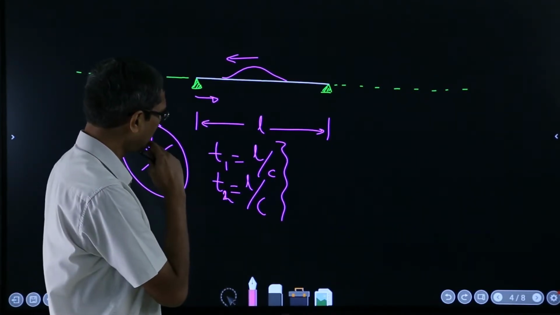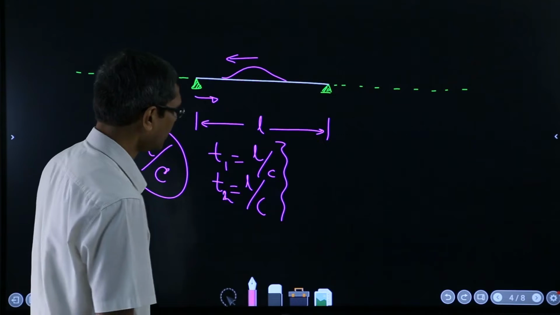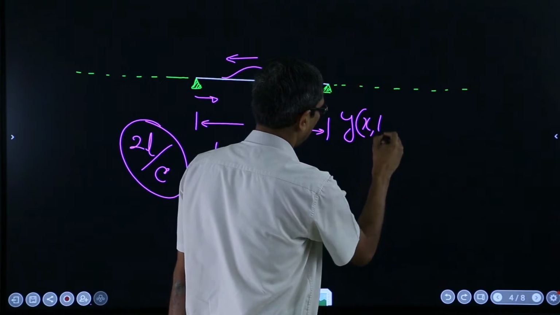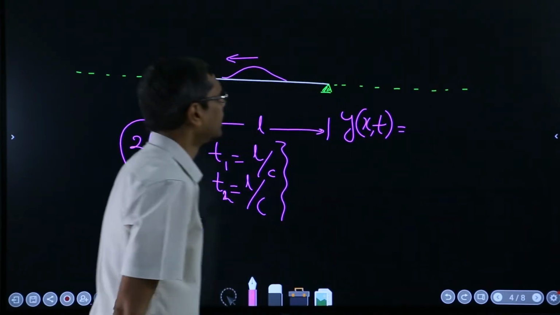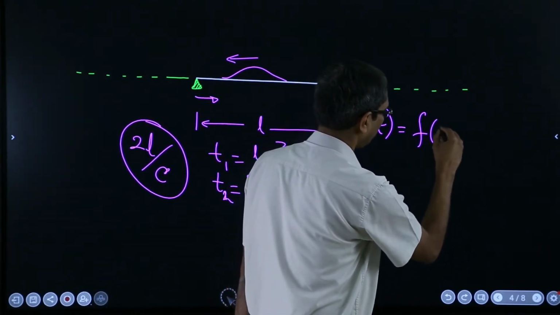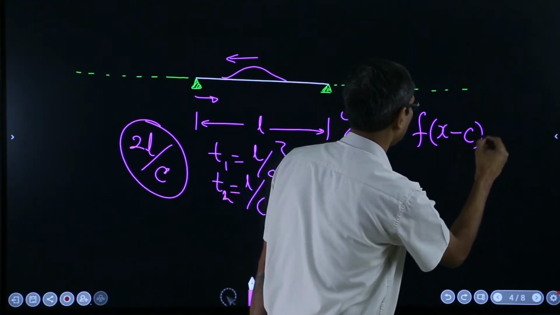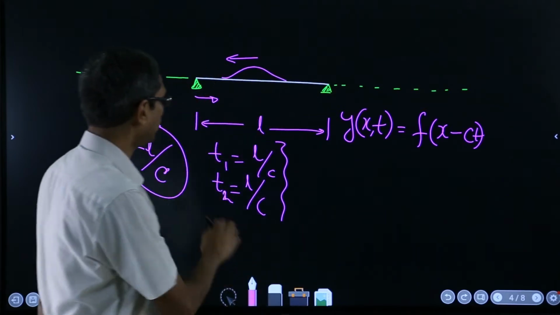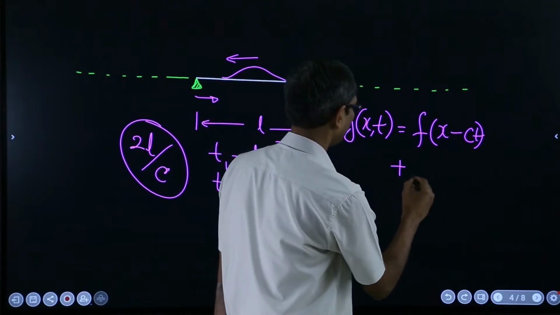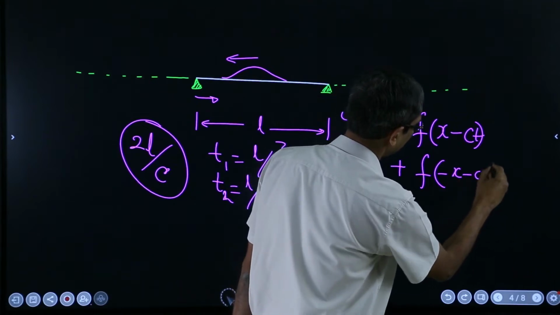We will actually show that it is going to be periodic. Now for that, what we will do is, again as the solution, we take f of x minus ct, so this was going rightward, and plus minus f of minus x minus ct.